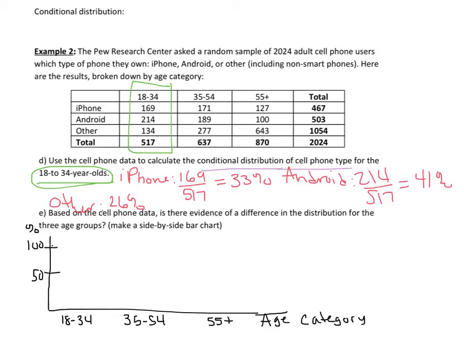So now that I have those, I have to do a side-by-side bar chart. And I already have the data for 18 to 34. So for that, I know that the iPhone is 33%. I'm going to use a separate color for iPhone. I'm going to make it pink, and put that in at 33%.